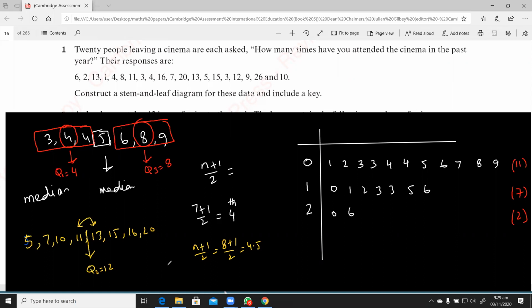But in this case, look at this. This is exactly divided into two halves. This half and this half. Because this was even, there is no value in the middle. Now, here is the median of these first 4 observations.